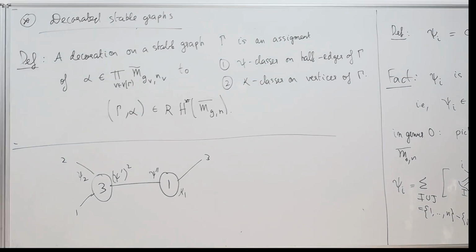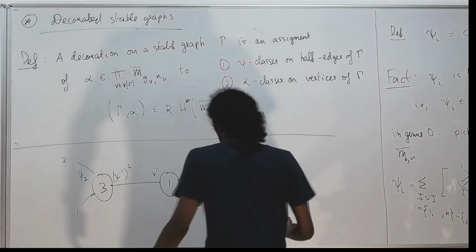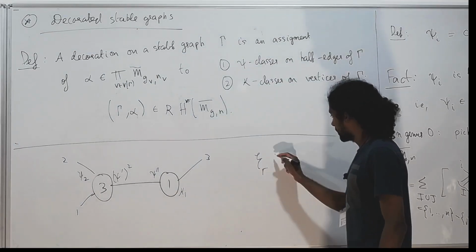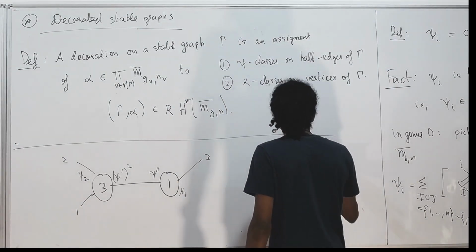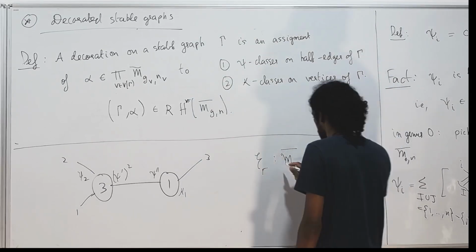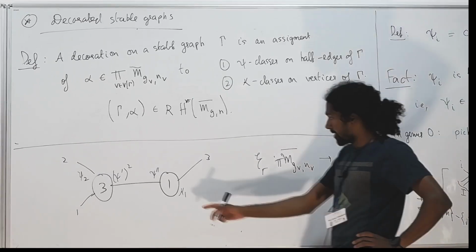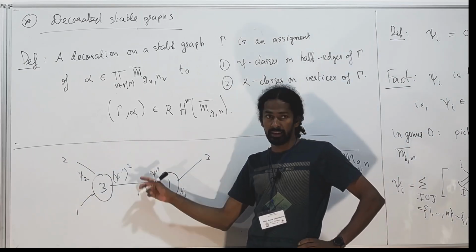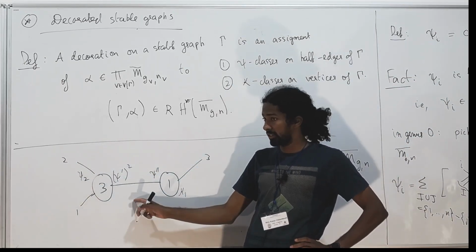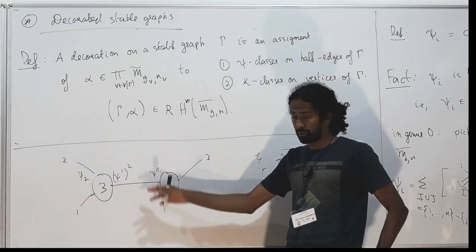Okay, how do you think about a decorated stable graph? Let's do a couple of things. How do I think about a decorated stable graph as a cohomology class? Remember that we have the gluing maps. First of all, on each of these vertices, each of these connected components, I get a cohomology class in the tautological ring, which is just the psi classes and the kappa classes that I put at each of these vertices.